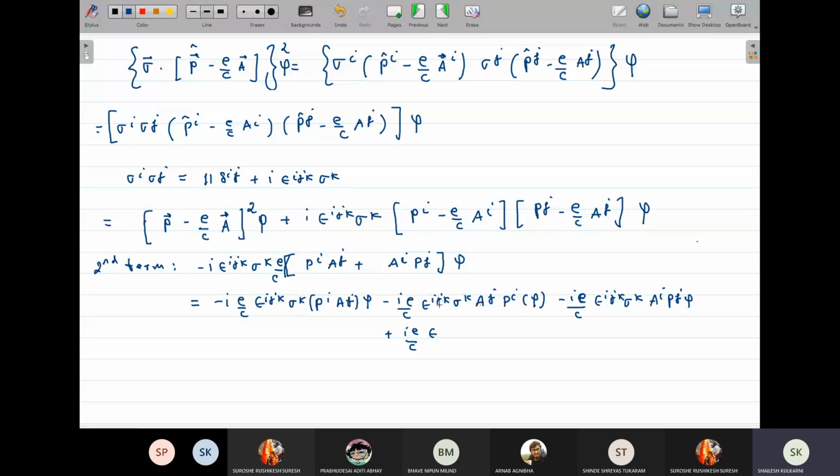Since ij is summed over, I will write this first as epsilon_jik A_i p_j, and then use the antisymmetry property of epsilon. So epsilon_jik is minus epsilon_ijk, so that will become plus epsilon_ijk sigma_k A_i p_j acting on phi, and this term will remain as it is.